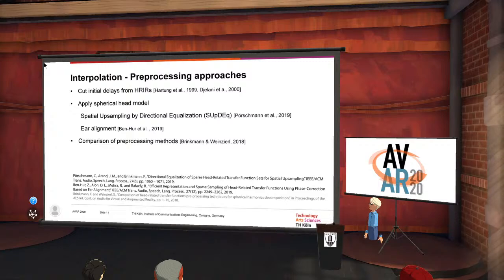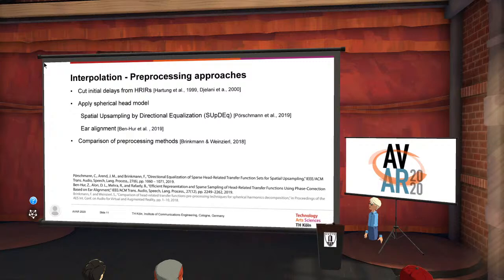Of course, that's important. Newer modern methods, the SUpDEq method from our lab and the ear alignment from Zamir Ben-Hur et al., which is from basic idea very similar, had the idea to apply some kind of spherical head model and to do some equalization, and this results, you can imagine, in some time alignment of the HRIRs, if you look at that in more detail.